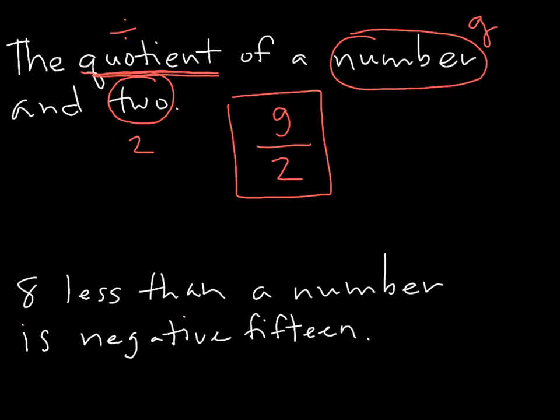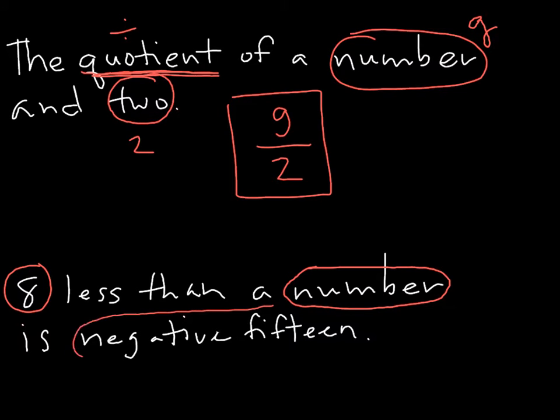Now if I look at this next sentence, I have 8 less than a number is negative 15. So I'm going to go ahead and circle my numbers. 8 less than a number, that's me, my variable again, is negative 15. I'm actually circling negative 15, which seems pretty large there, but that would look like this.